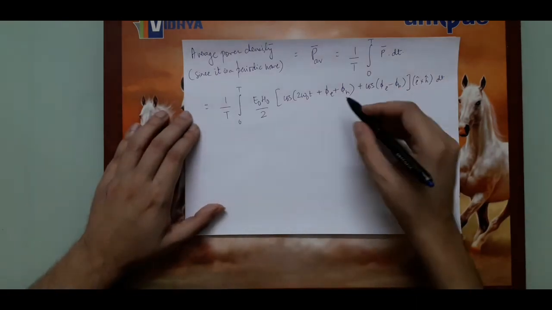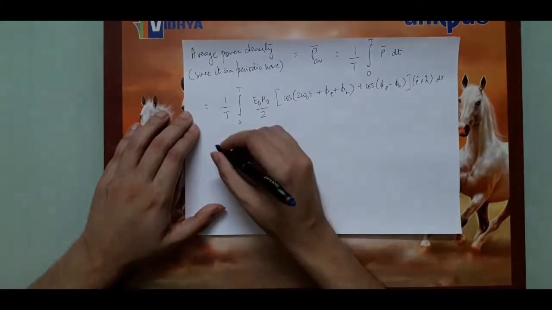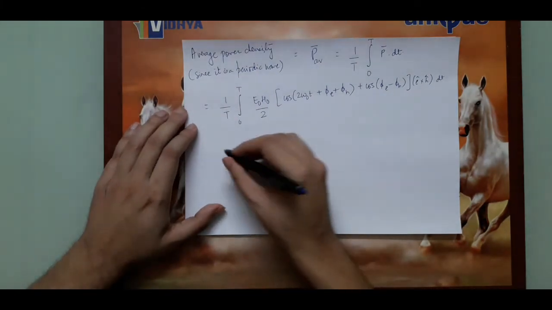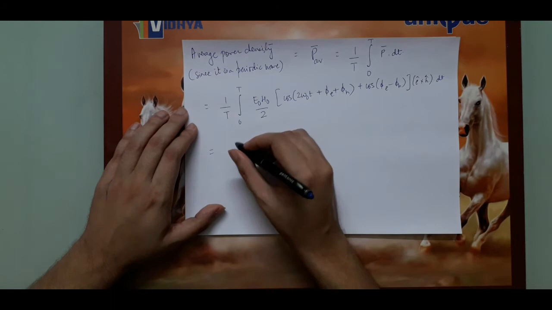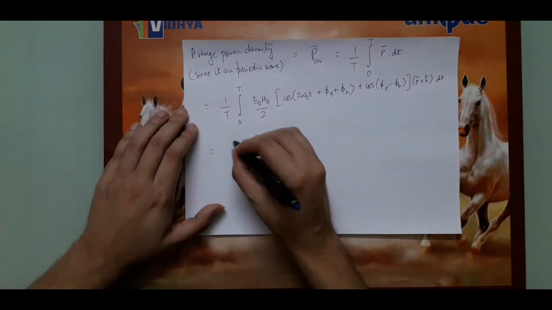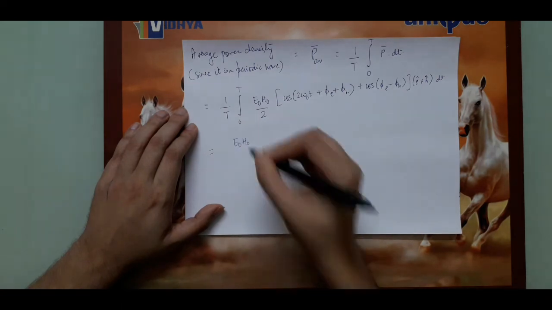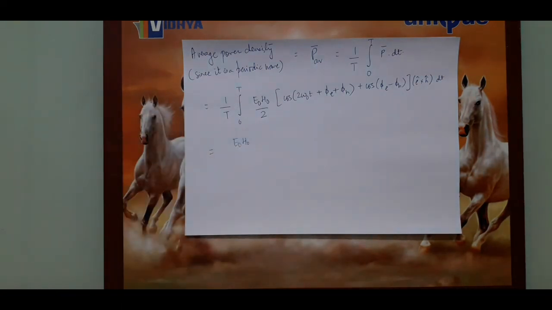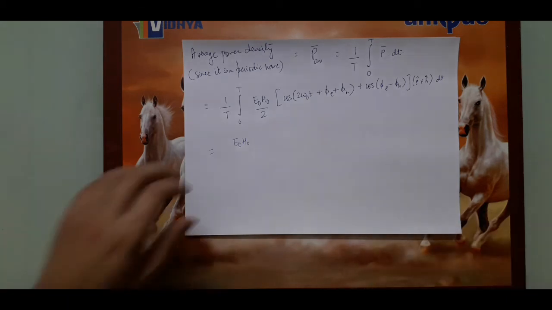Since this one totally disappears, I can say that the average power reduces to something of this kind. This is a constant, so this will stay. It is E0 H0 by 2 times the remaining term.